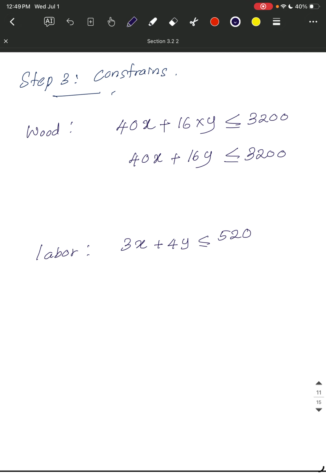So, I hope you remember the non-negativity constraints. That means the number of chairs we produce and the number of tables we produce cannot be negative.